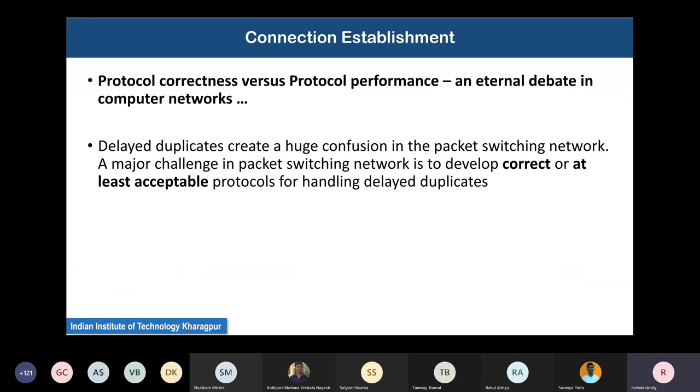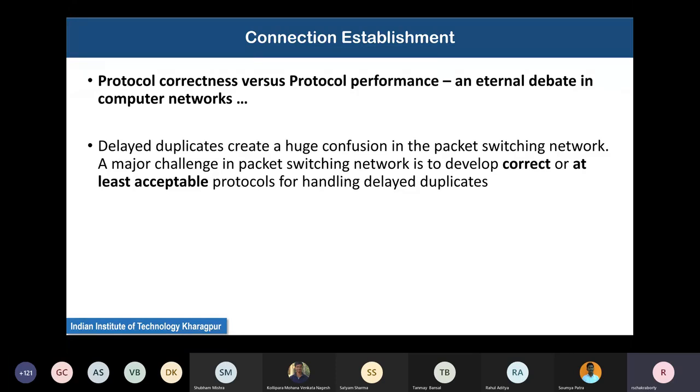Now, there are several solutions. This is an old problem, as old as computer networks itself. Very clever, intelligent people have worked on this. We are not the first to consider it, and they have proposed different solutions. One thing is whether the proposed solution is correct, and whether its performance is acceptable.